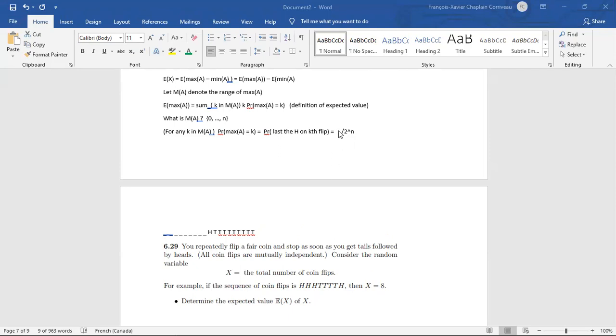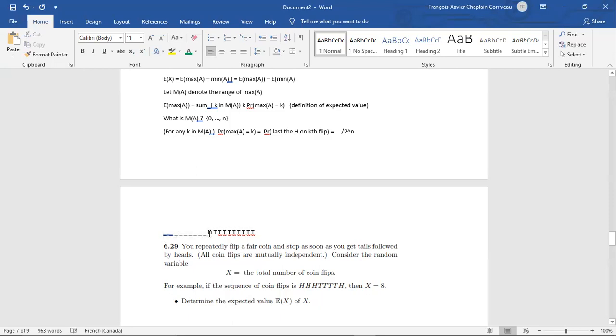So k minus 1 flips. This one is fixed. This one is fixed. So here I'm looking at this number of flips. This can be anything. It doesn't matter if here it's head or tails.